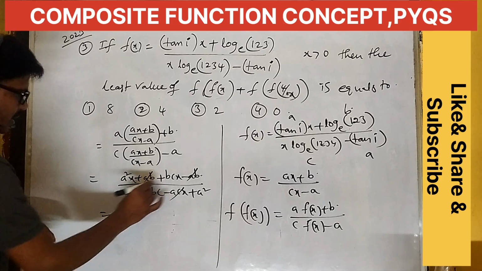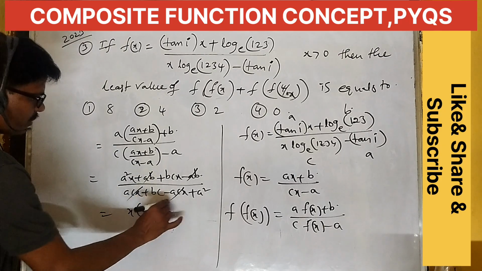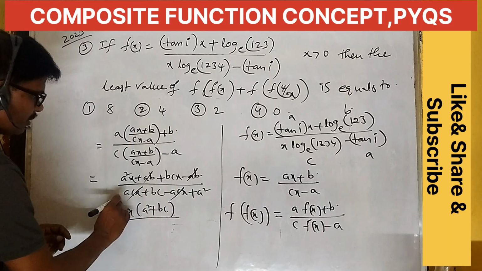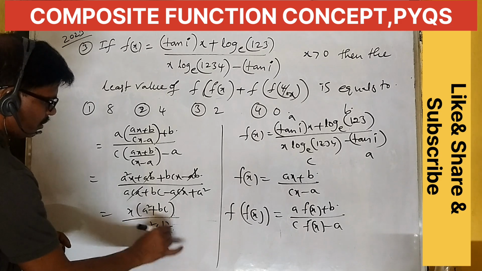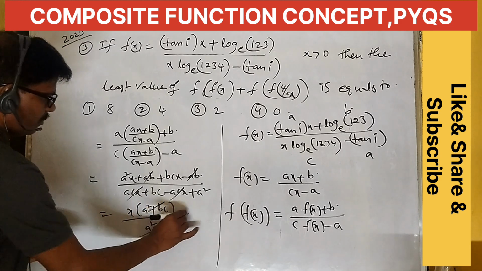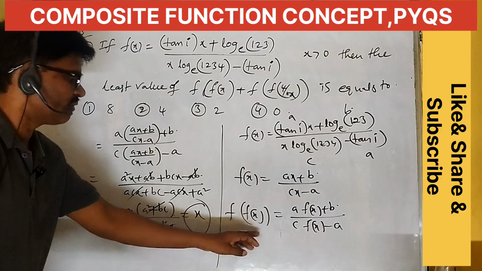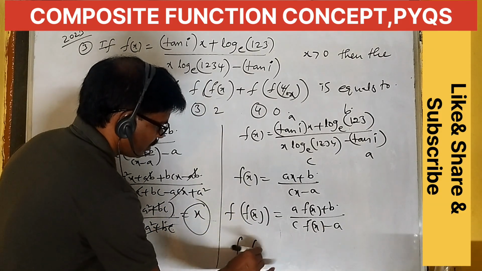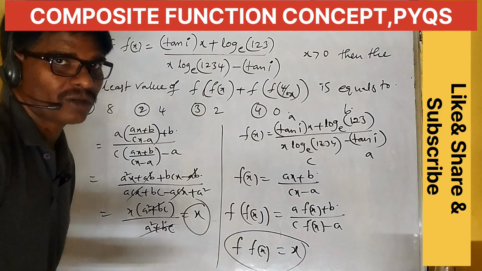What is common here? X is common, means a square plus bc by here also. What is common here? Only bc plus a square, or a square plus bc, okay, both are cancelled. What is the answer? F of f of x is equal to x. Okay, f of f of x is equal to x.